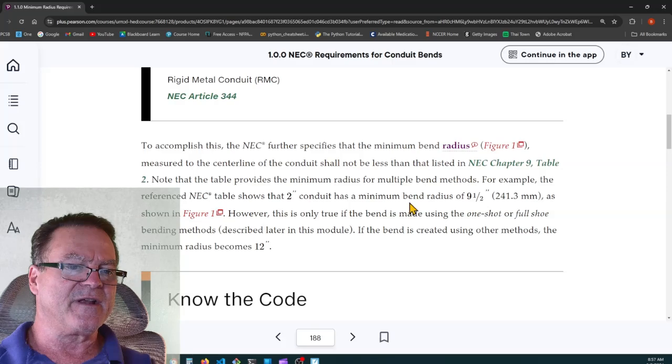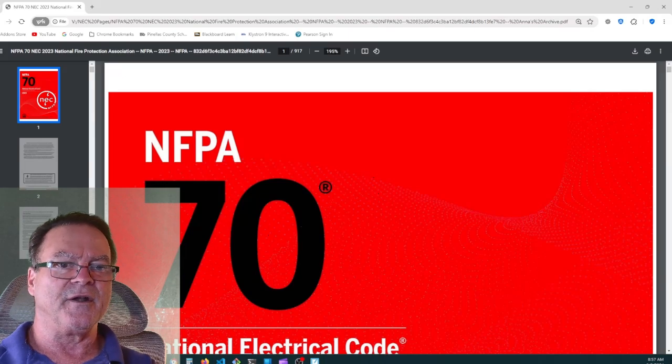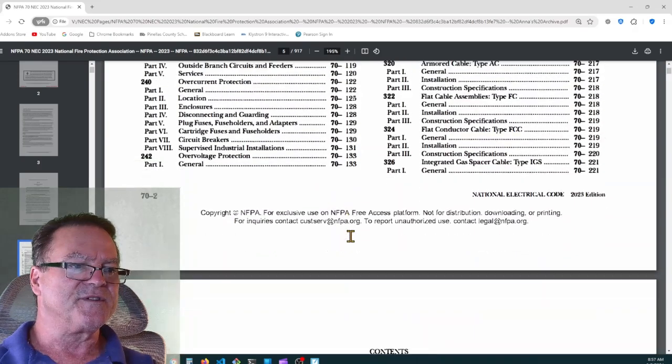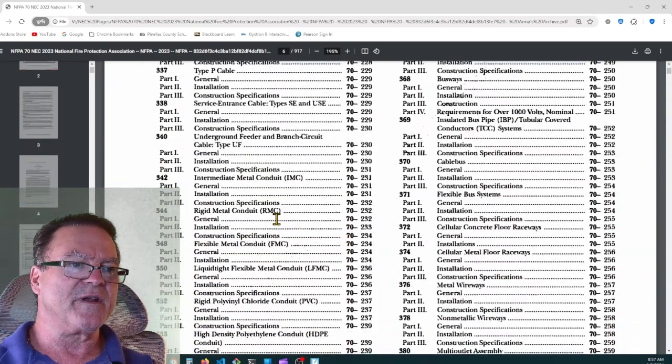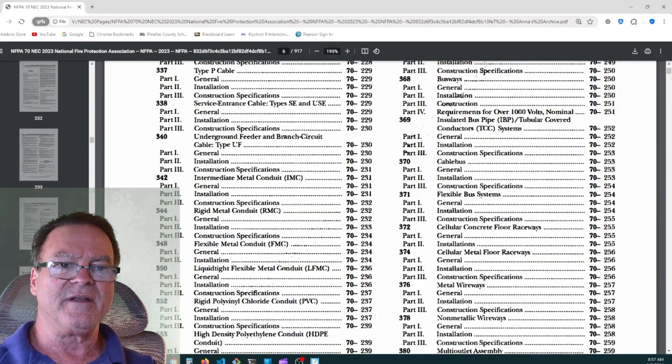Let's take a look at Chapter 9, Table 2. It tells us the minimum bend radius for certain conduit. So if we go into our table of contents, we'll see that Article 344 is rigid metal conduit, page 232. Let's go down to page 232 and take a look at bends, how made.